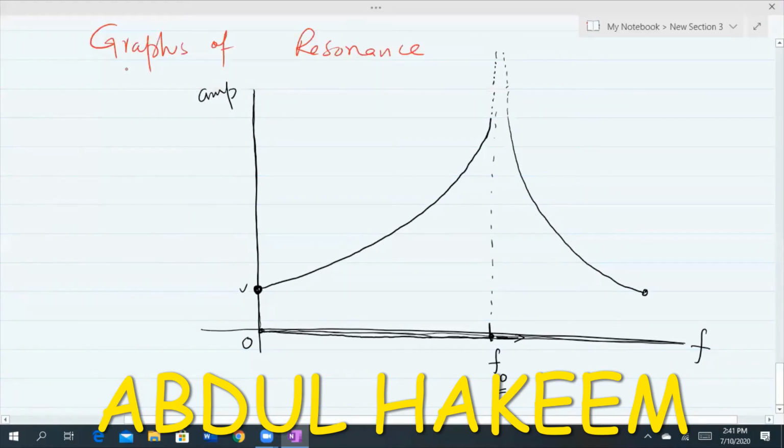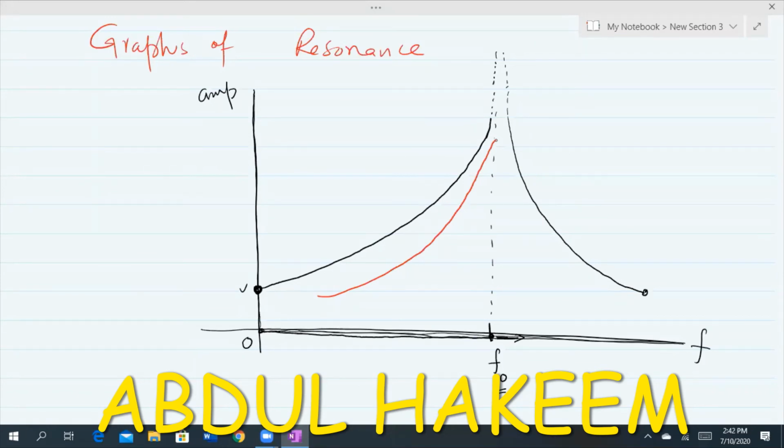Now, if the system is light damped, then the amplitude, yes, increases to a certain limit, but when the rate of increase of the energy becomes equal to the rate of loss of energy, then there is no further increase in the amplitude, because when the amplitude is increasing in the light damped system, its kinetic energy is increasing, air resistance is increasing, so the loss is increasing.